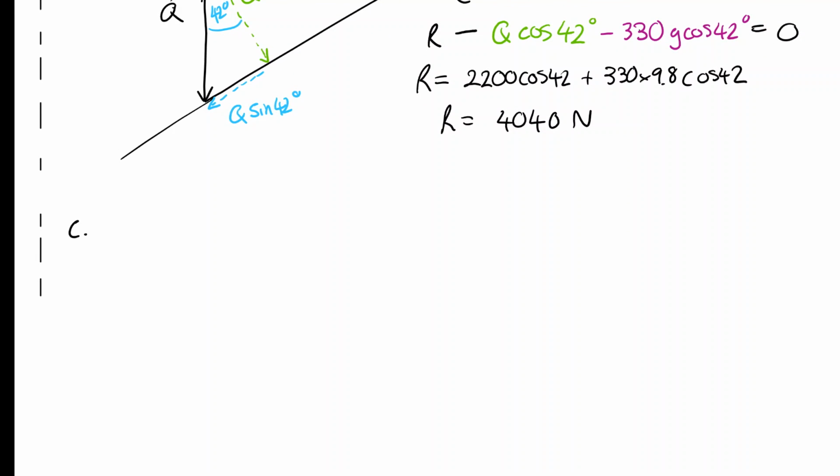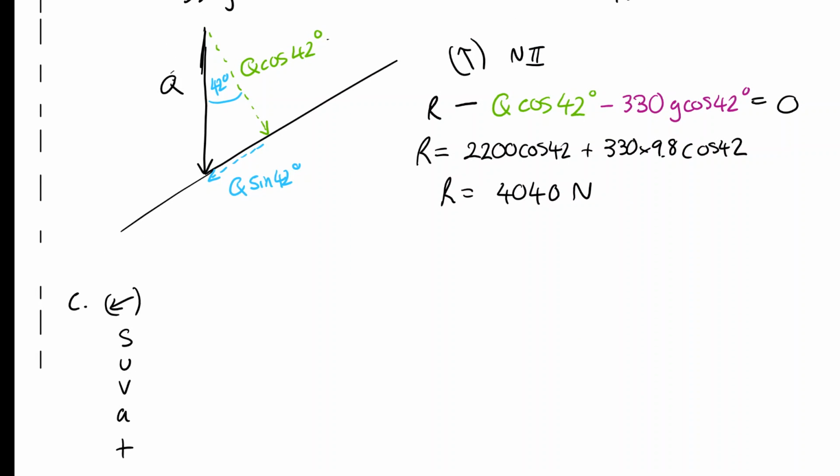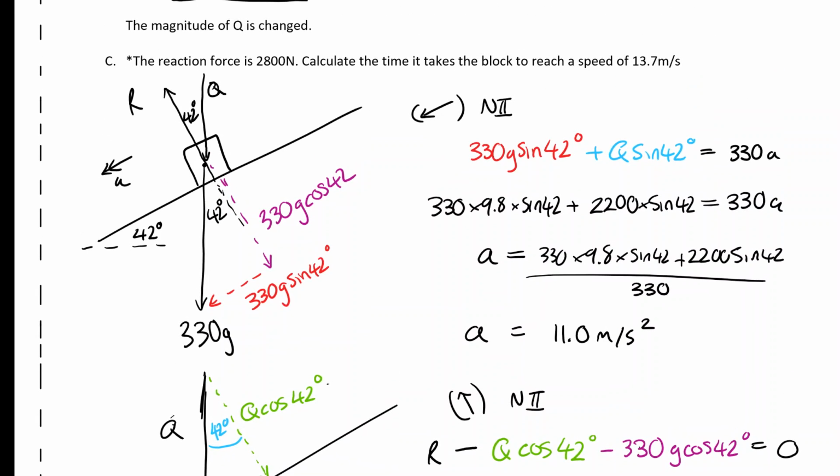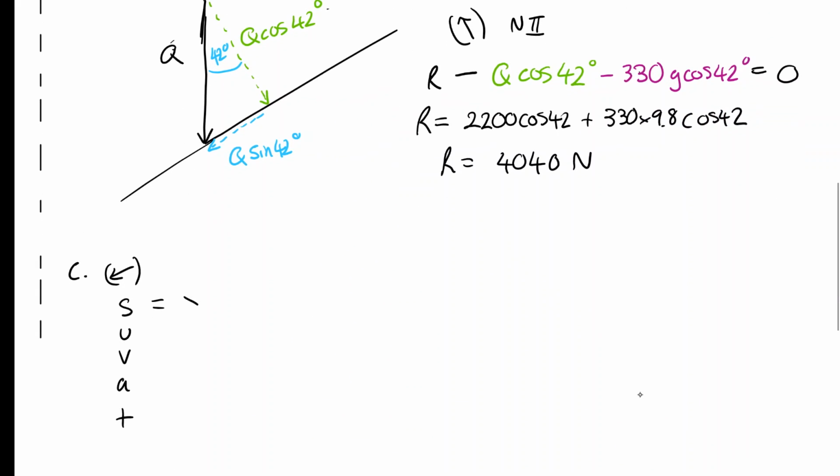So we're looking at SUVAT, S-U-V-A-T. We know that this accelerates down the slope from previous parts. There's no Q applied in this direction. There's no way it can ever cause acceleration up the slope. The distance we don't know and probably won't work out. The initial speed is 0. This starts from rest.